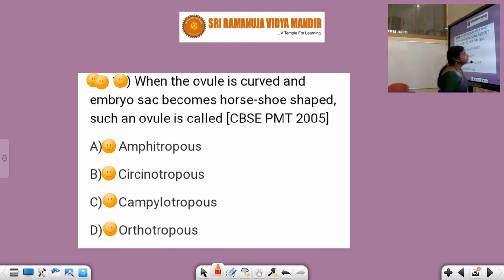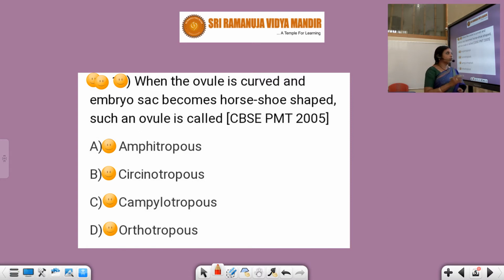I hope you understood. Now, when the ovule is curved and the embryo sac becomes horseshoe shaped, such an ovule is called. See, there are six types of ovule depending upon the structure of funicle, micropyle, and chalaza, and also the embryo sac.